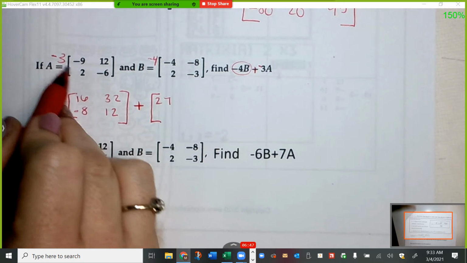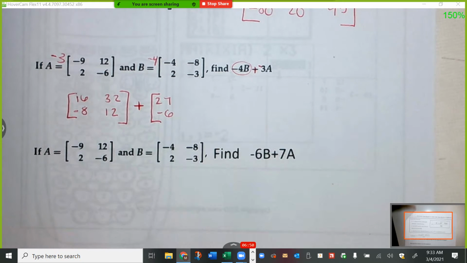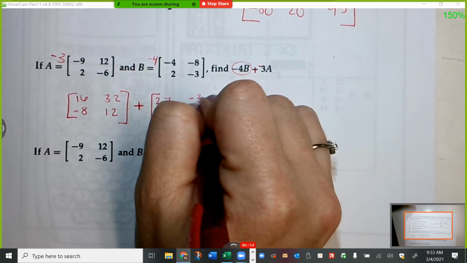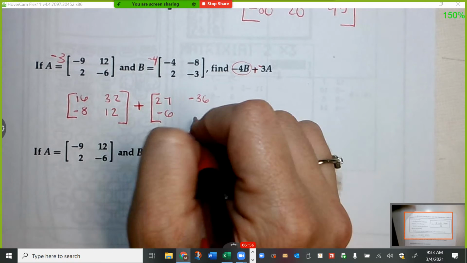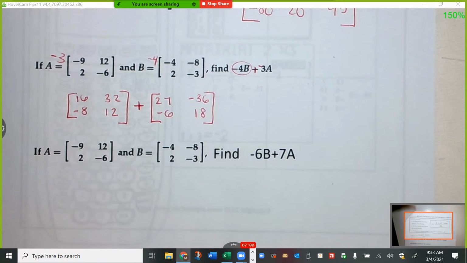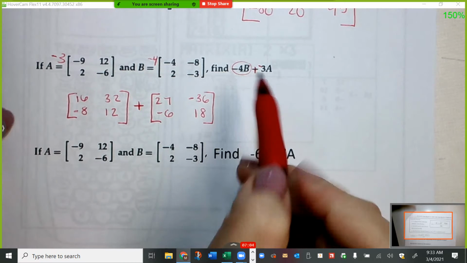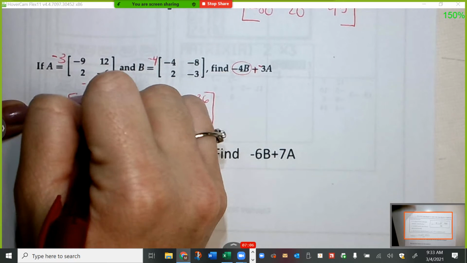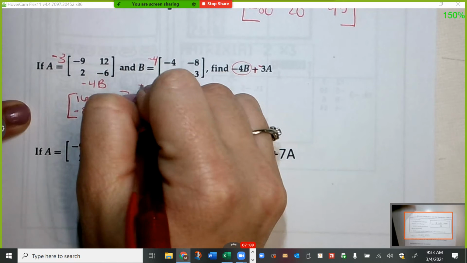Negative 3 times 2 is negative 6. Negative 3 times 12 is negative 36. And negative 3 times negative 6 is positive 18. Does anybody have any questions about where I got these? Now I want you to realize I did keep it in order. This is negative 4b, and this is plus negative 3 times a.